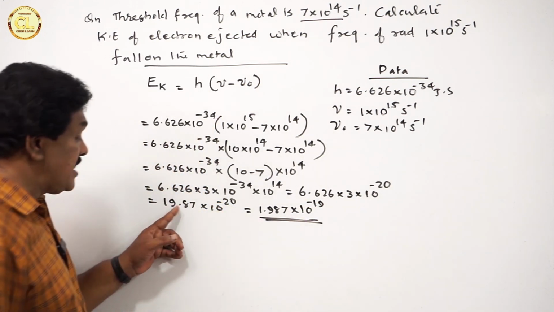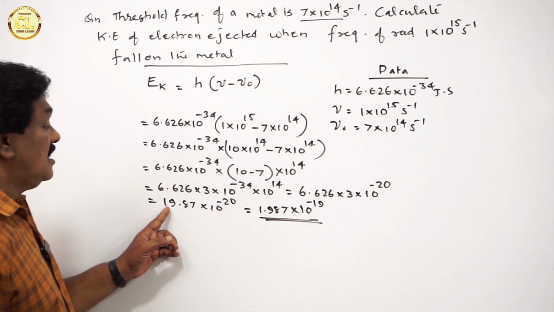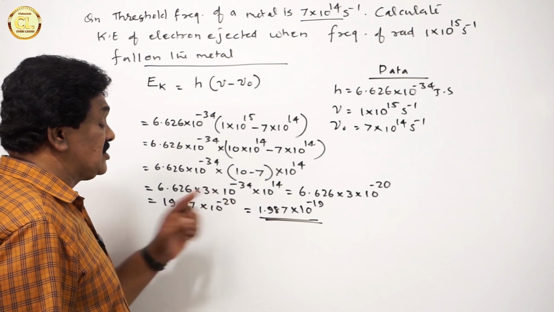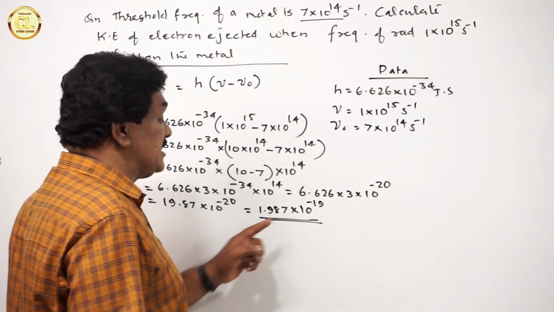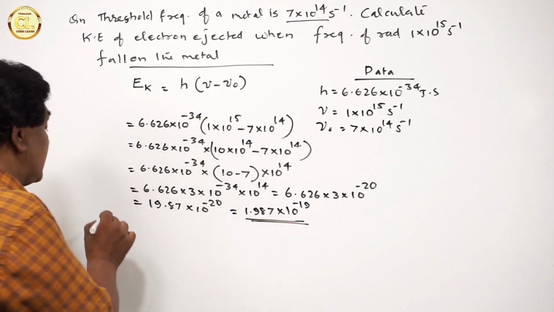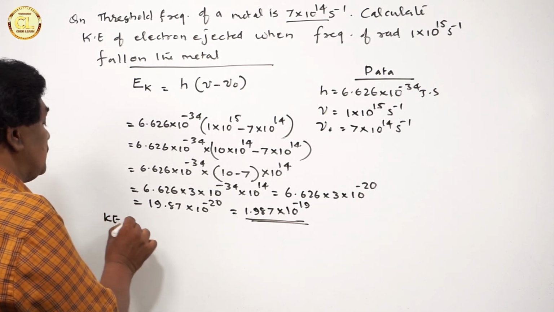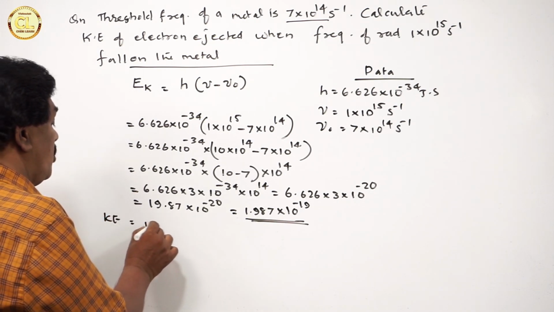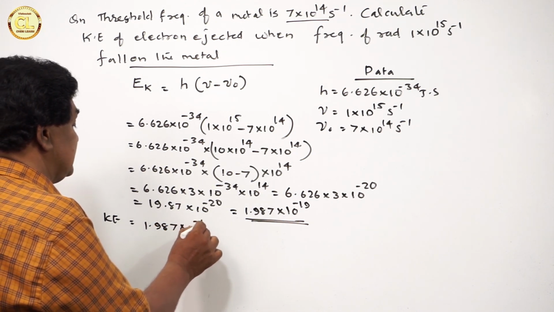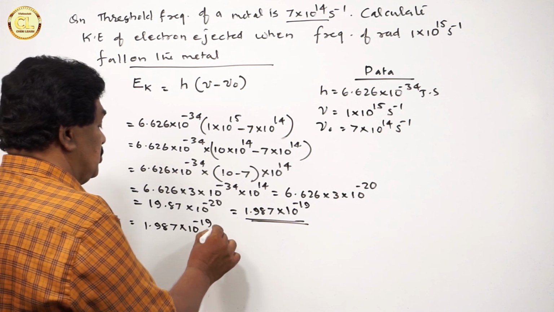By shifting one decimal to the left, we can take a 10 from here. This 10 raised to minus 20 into 10 raised to 1 is equal to 10 raised to minus 19. Therefore, kinetic energy is equal to 1.987 into 10 raised to minus 19 joules.